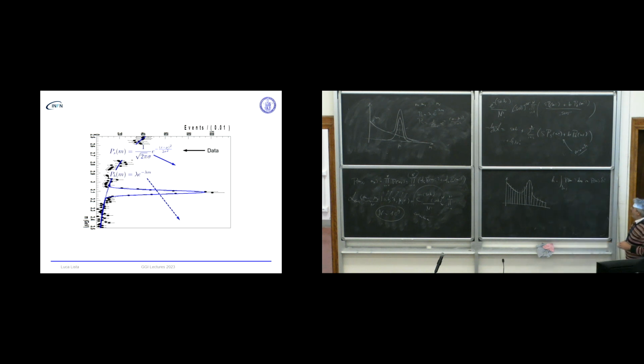So how do you build a likelihood here? The number of events in each bin follows a Poissonian distribution where this is the expectation. So the probability distribution for the observed Ni is a Poisson distribution given Hi, and Hi is in turn a function of signal, background, mu, lambda, sigma.